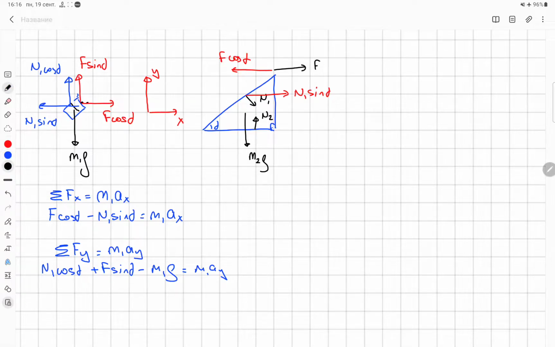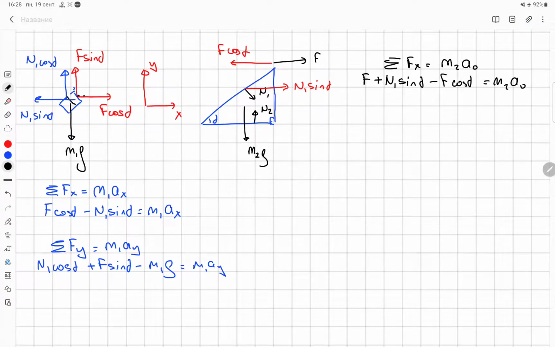So let me apply Newton's second law for M2 in the horizontal direction. M2 times, let's call it a0 or a2, it doesn't matter. And the resultant force in the x direction, F plus N1 sine alpha minus F cosine alpha, equal to M2 a0.